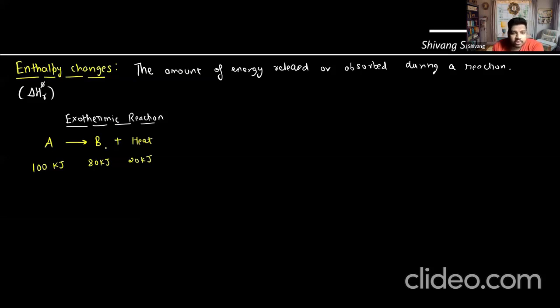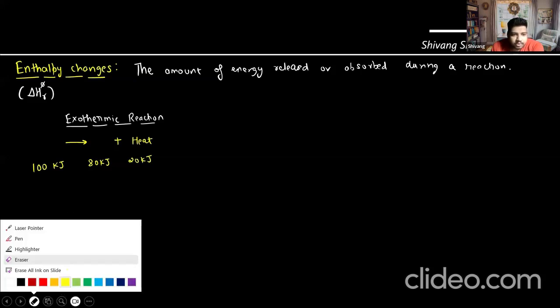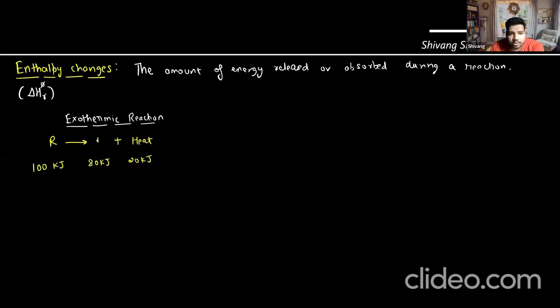The energy of product was B and reactant was A, right? Let's make it R and P just to make it look like reactant and product, right? So here what will happen? Energy of product is obviously less than energy of reactant, and mathematically delta HR is said to be energy of products minus energy of reactant.